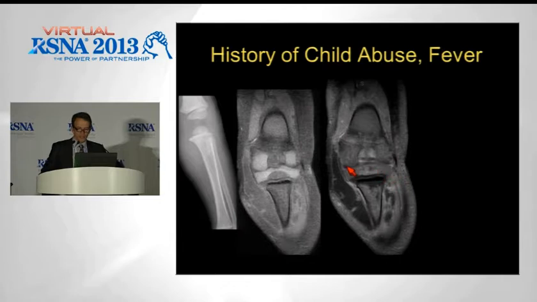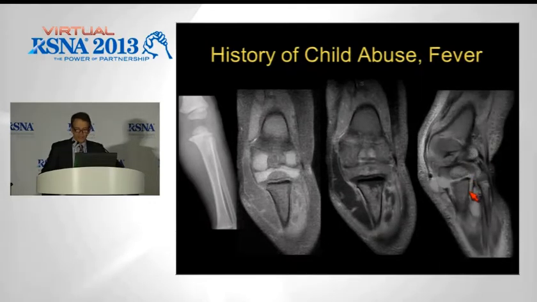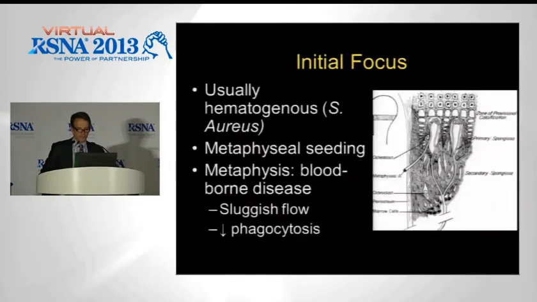And after gadolinium enhancement, an extensive soft tissue abscess is seen adjacent to the bones of the knee, and you can see here that the abscess originated from the bone into the subperiosteal region and then into the soft tissues. So important to remember, trauma predisposes to infection.